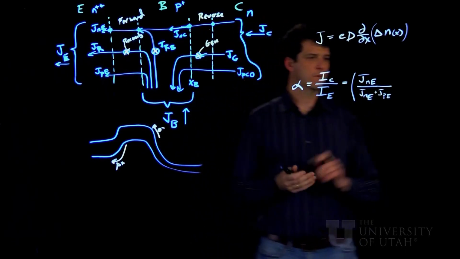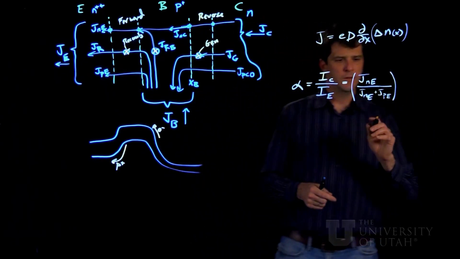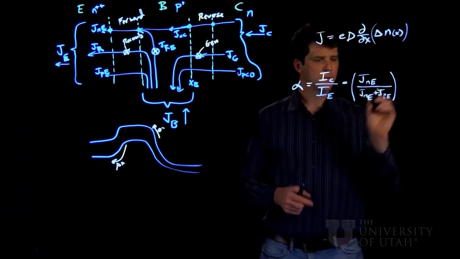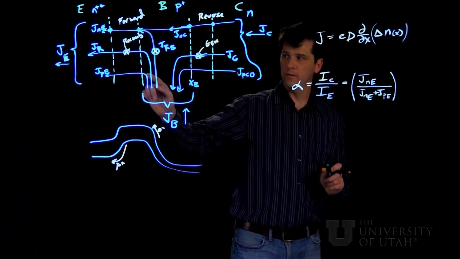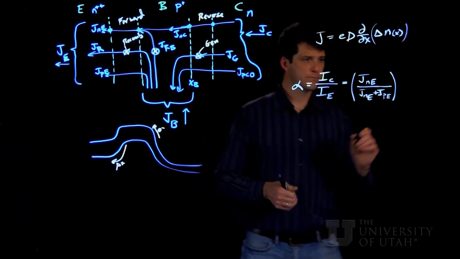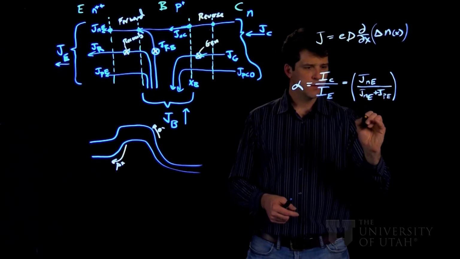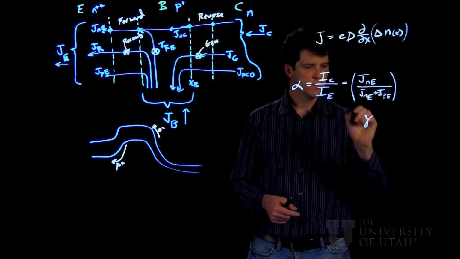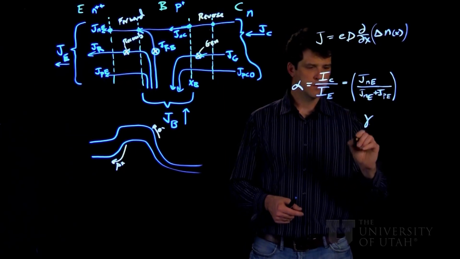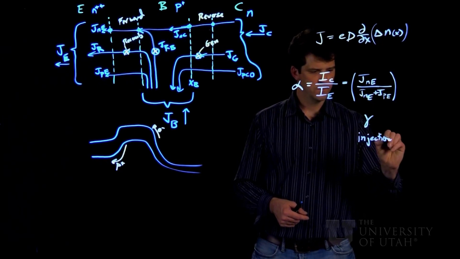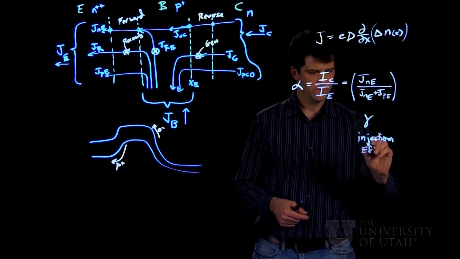This total injected current ratio is really the ratio of injected electrons to injected holes. And we can give that its own symbol, gamma here, and that's the injection efficiency.